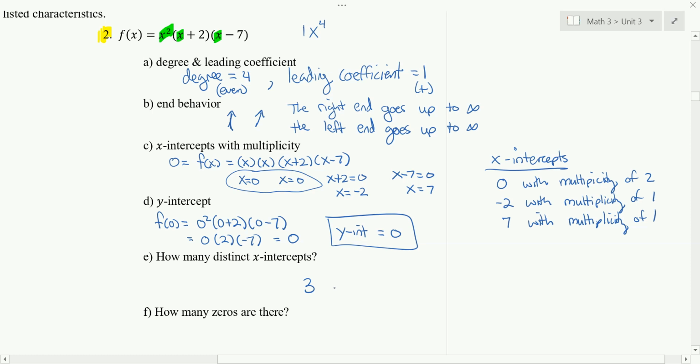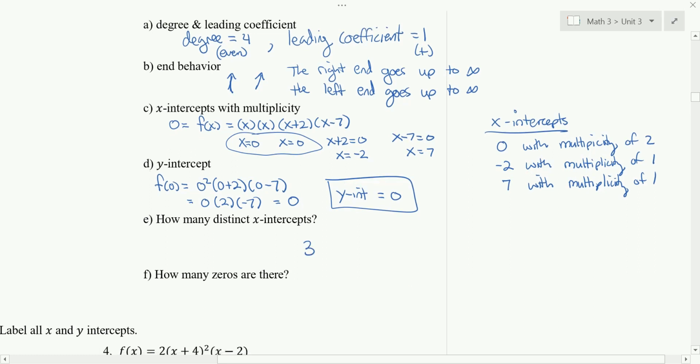How many zeros are there? A zero is a value that you plug into your equation to get a value of 0, and in this case we have 3 distinct zeros.